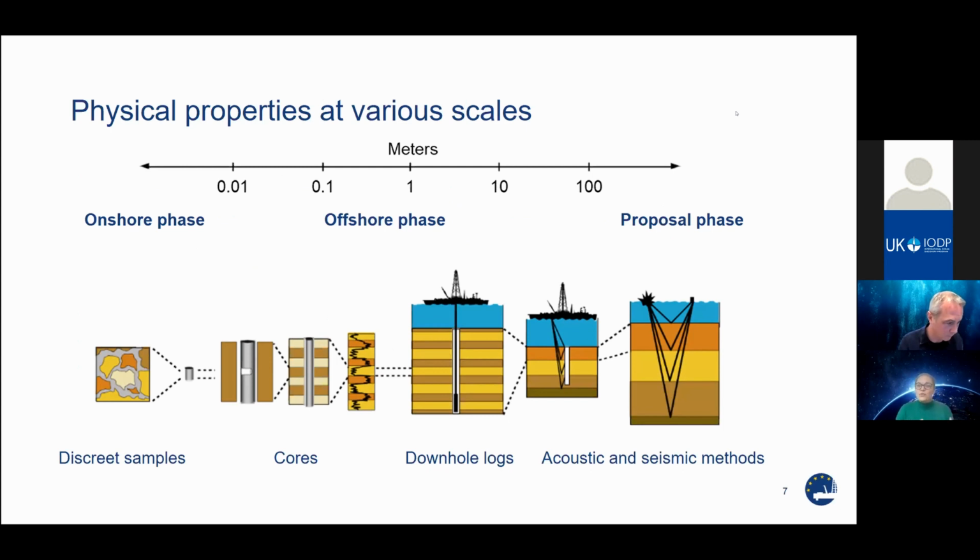And that's basically the first time you use physical properties in this whole process. Then when we get offshore, we use downhole logs and look at the core. So we reduce the scale of the physical properties to get a better understanding of your strata. And during the onshore phase, we work on discrete samples to basically narrow down the physical properties even more.